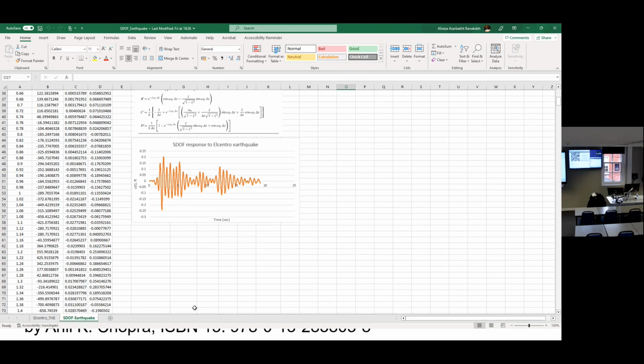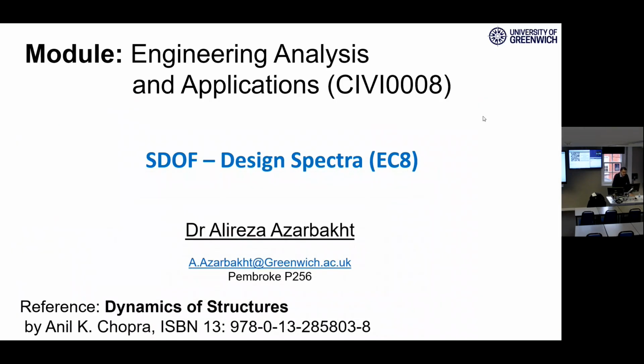So we have an input and we have an output. So this is the output in terms of displacement of that single degree of freedom system. This is the case for any kind of oscillator, if it's single degree of freedom system or multi-degree of freedom system.